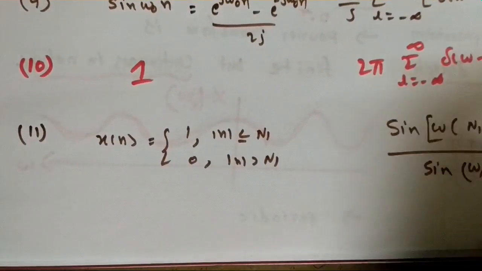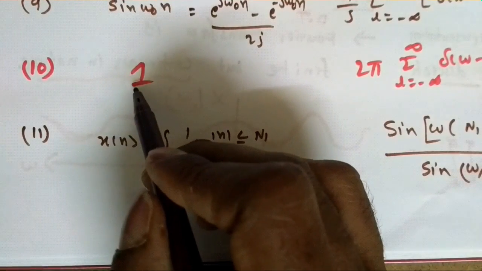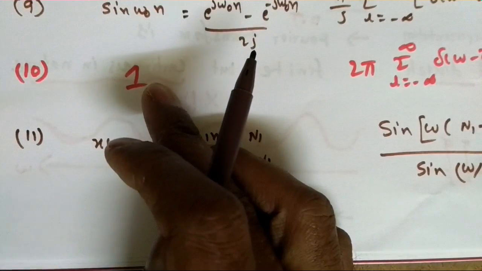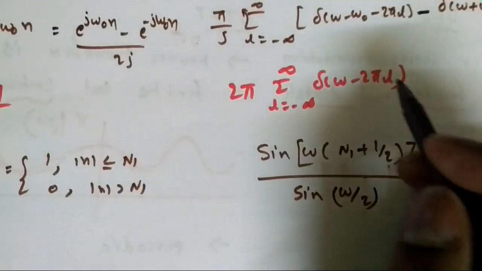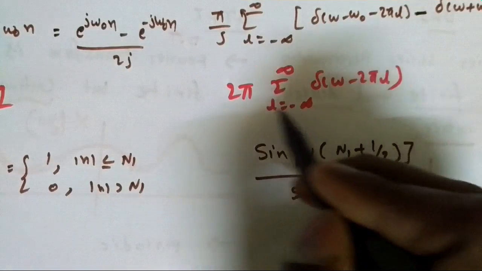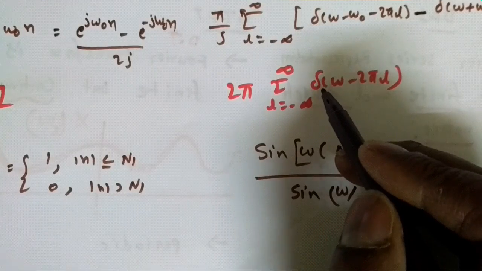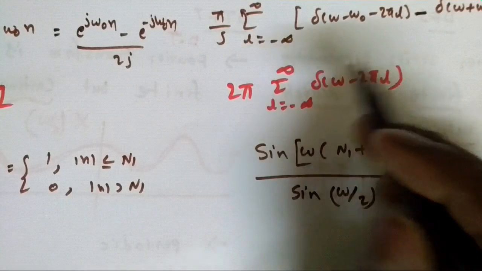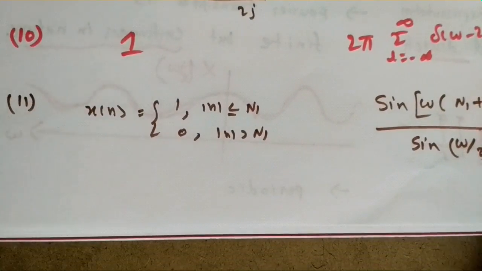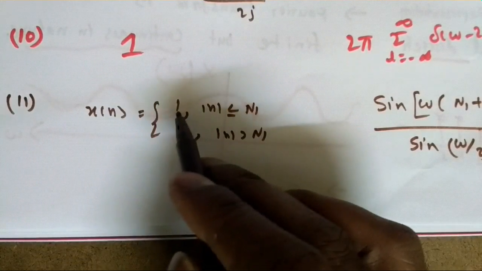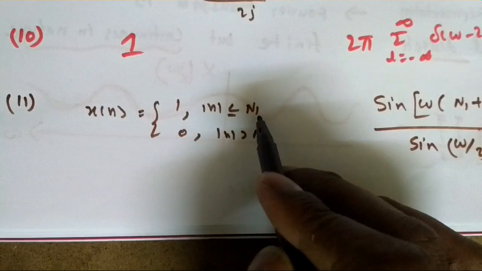Next one is in the time domain, a constant for all n. It may be periodic or not periodic in the time domain, but it should be periodic in the frequency domain. So it should be 2π δ(ω), but periodic, that's why δ(ω minus 2πl), where l is from minus infinity to infinity. The last signal is the rectangular signal in the time domain, that is 1 for |n| ≤ N1.